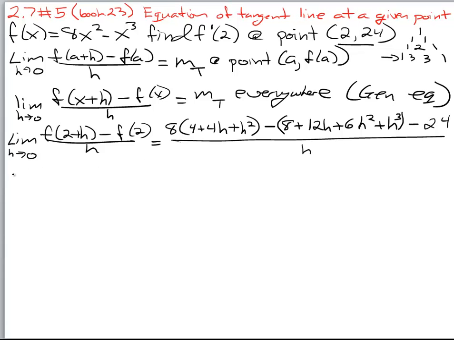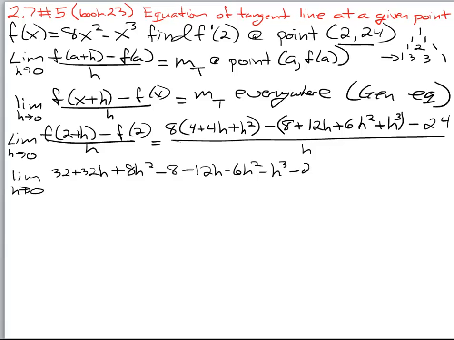Okay, so again, limit as h goes to 0 of, just clean all this up, 32 plus 32h plus 8h squared minus 8 minus 12h minus 6h squared minus h cubed minus 24, still all over h.